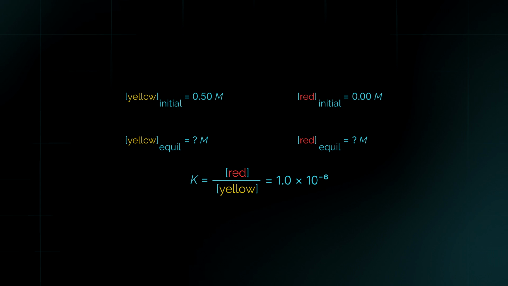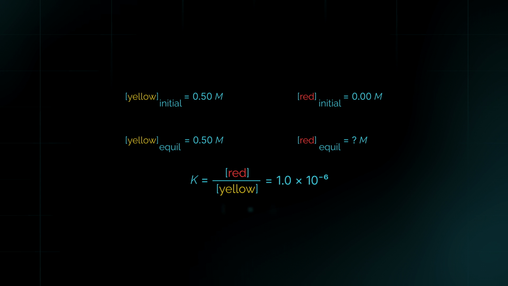That means the equilibrium concentration of yellow is essentially the same as its initial concentration, 0.5 molar. We can substitute the equilibrium concentration of this majority component directly into the equilibrium expression. This lets us solve for the equilibrium concentration of our minority component, red.